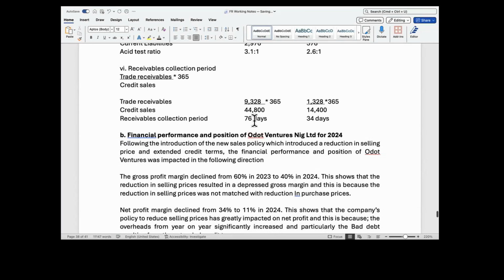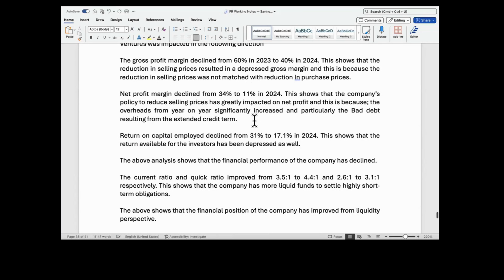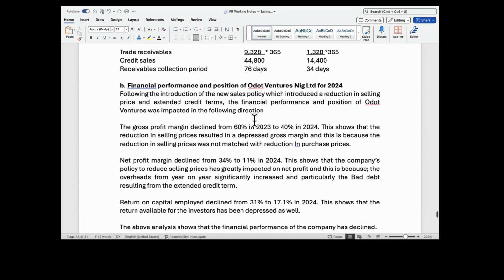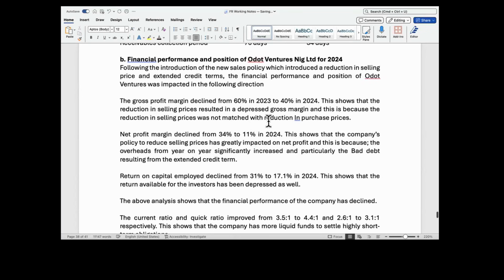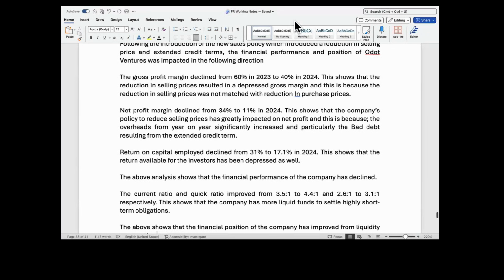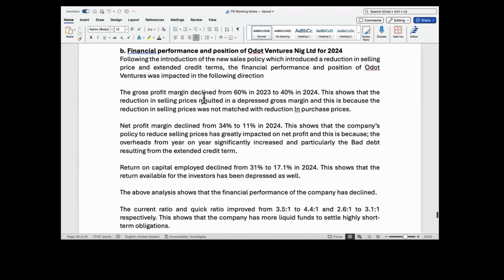Okay, so this is how we're going to go about it. In the exam, this is a very exam-friendly analysis to a very large extent. The easiest way for you in the exam is to pick the ratios you have computed one by one and speak to them as much as possible without wasting too much time.